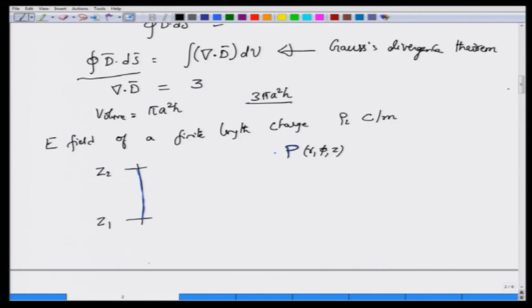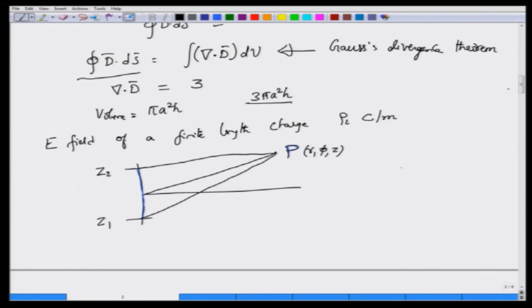First question would be, since we have been discussing Gauss's law, can I actually use Gauss's law? Unfortunately, Gauss's law cannot be used in this case because there is no symmetry along the z axis. If you recall, for an infinite line charge, there was symmetry about the azimuthal angle phi as well as symmetry about z.